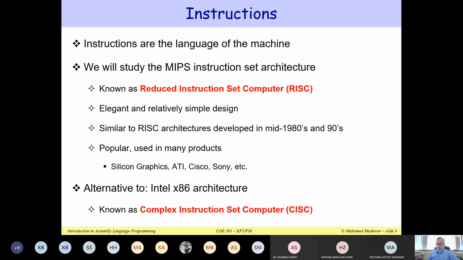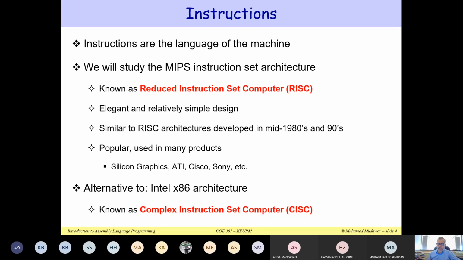Now, the MIPS architecture is simple, it's elegant, it has a simple design, and it is very similar to many RISC architectures that were developed in the mid-1980s and 90s. And it is still being used until today. It's popular and used in different products, like, for example, Silicon Graphics, ATI, Cisco, Sony, and different products use the MIPS processor.